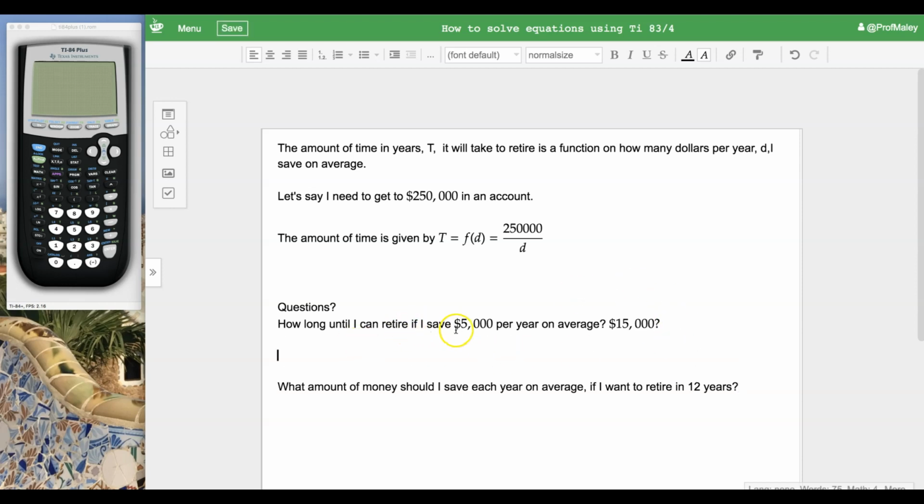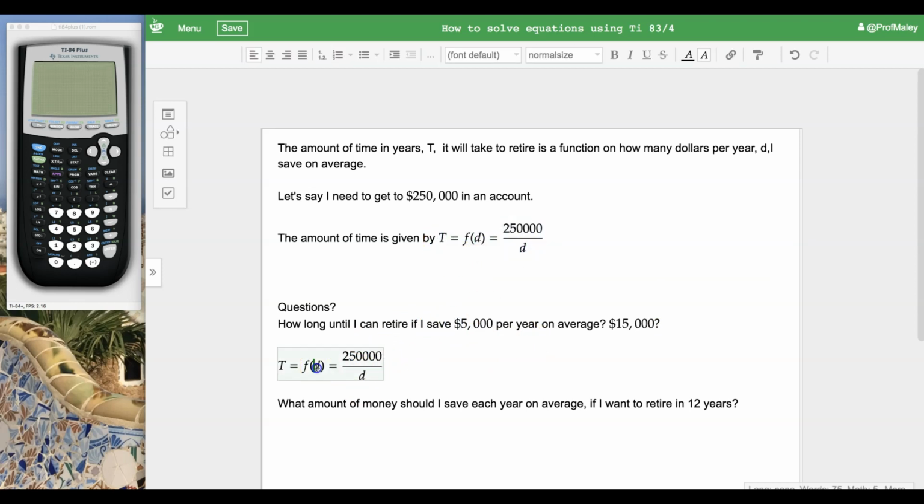How long until I retire if I save $5,000? Well, really that's going to be using this formula, and I'm going to be substituting in 5,000 for D, because that's my input, right? D is my input, T is my output, D is independent, and T depends on D here.